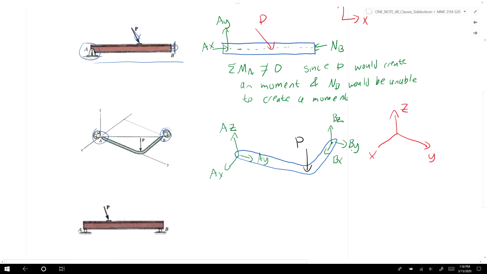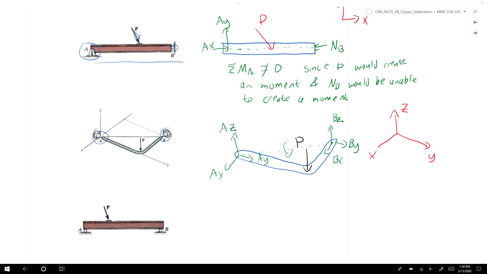All right. The issue in this case is that this force here would create a moment about this axis, and neither of these supports would be able to support that moment. So we would rotate about this axis.